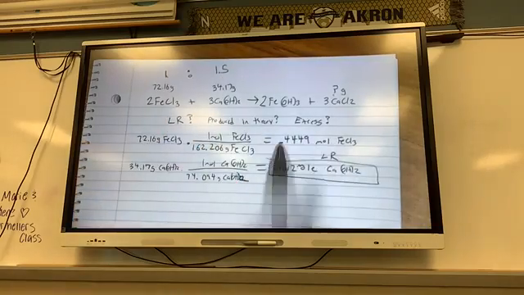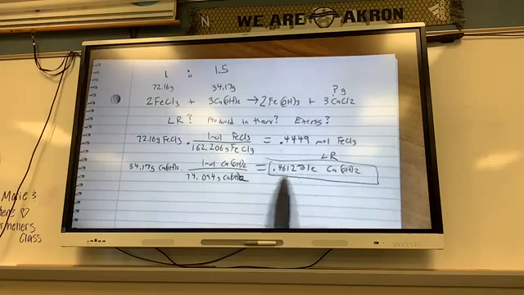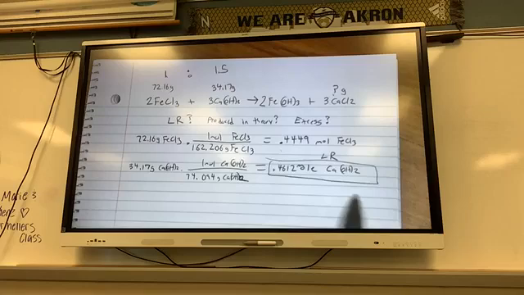I know that's around 0.6. This is less than 0.6, so I do not have enough. Therefore, that's my limiting reactant.